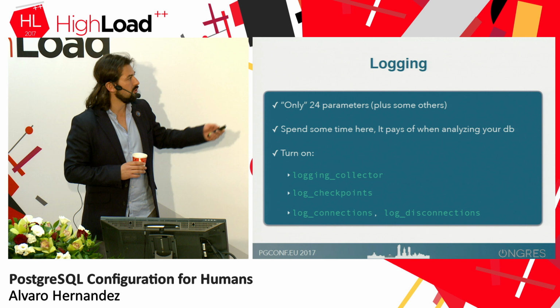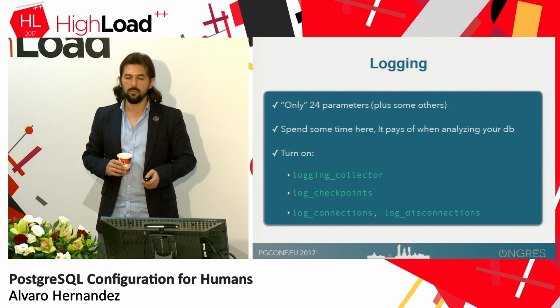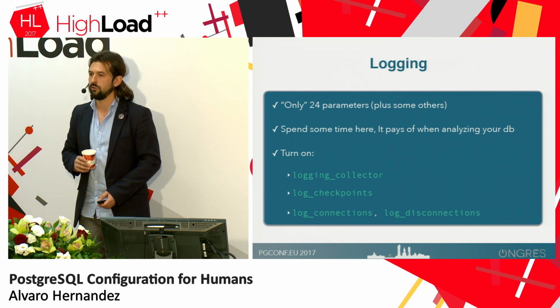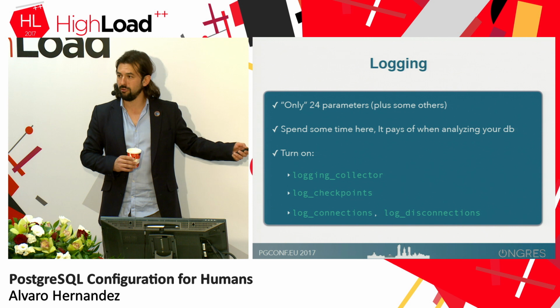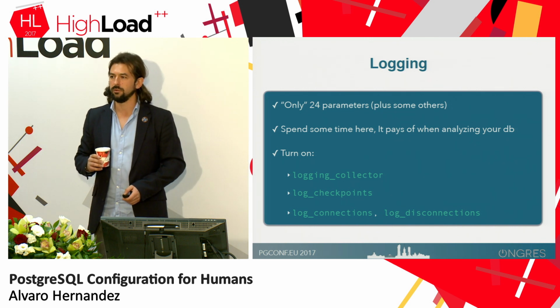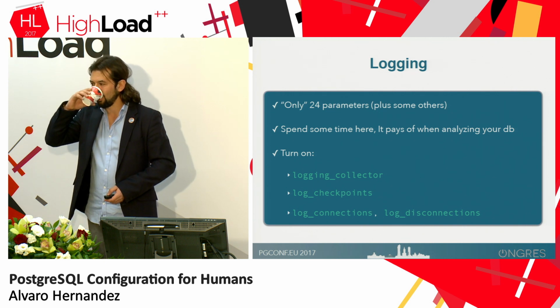So basically, turn on the logging collector. Otherwise, your logs are going to be lost on the standard output. Definitely log checkpoints and log connections and disconnections. Remember what I was saying about max connections? If you don't log connections and disconnections, you're not going to know very well how many connections are actually hitting the database.